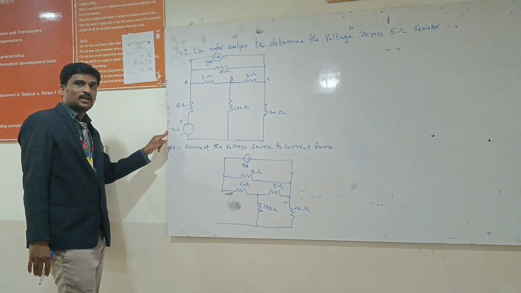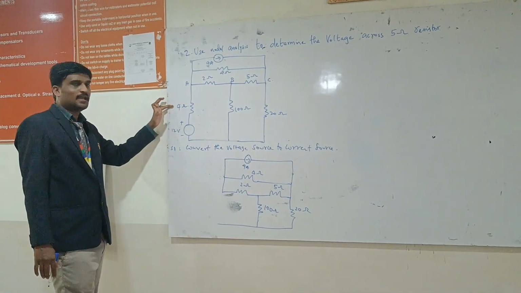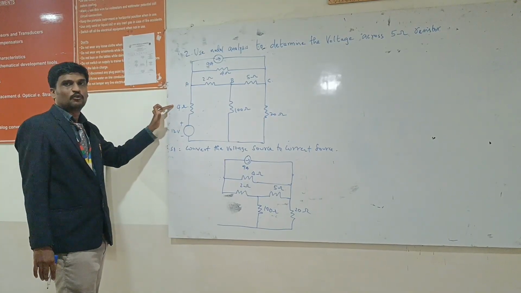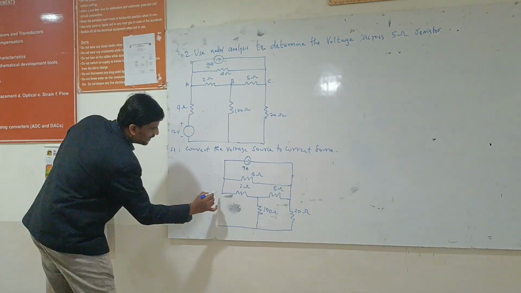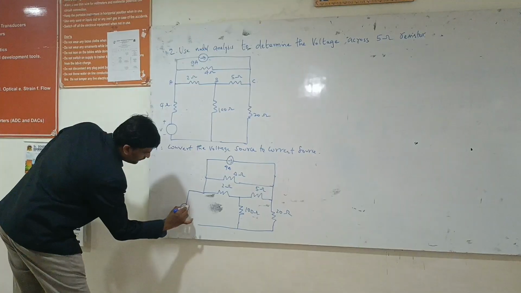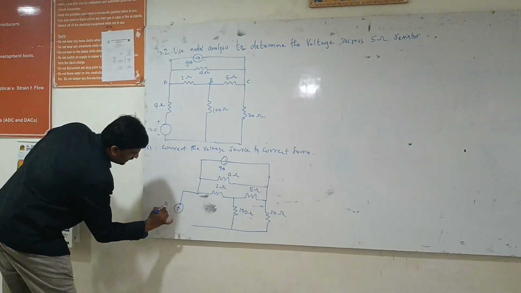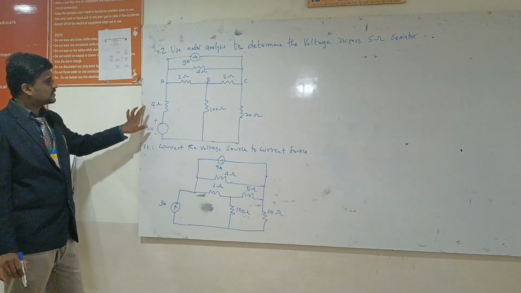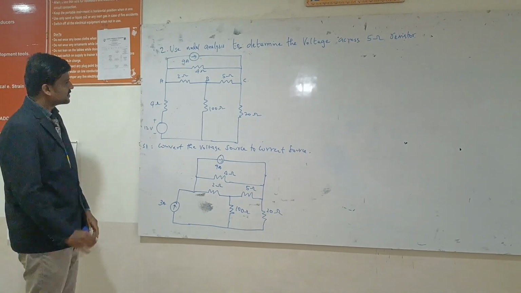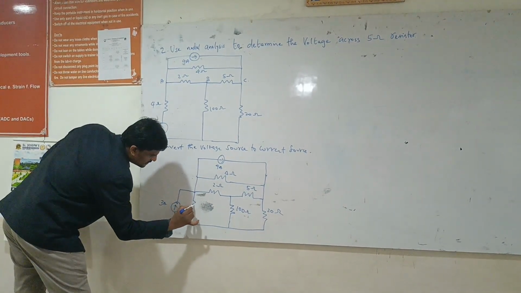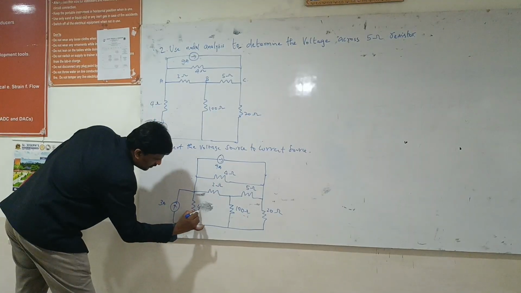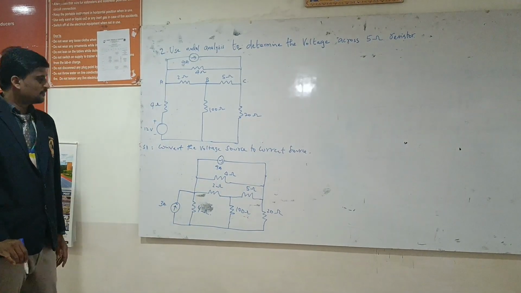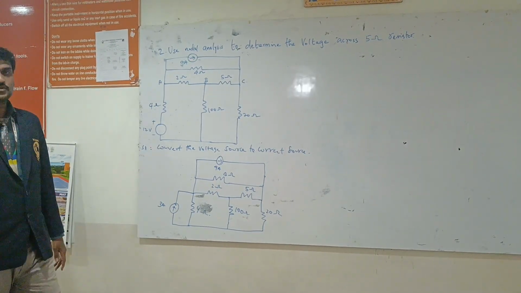Therefore the current value will be V by R, which is 12 by 4, that is 3 ampere. So the current value here will be 3 ampere, and we have to draw the resistance in parallel to the current source. Here the resistance value is 4 ohms.